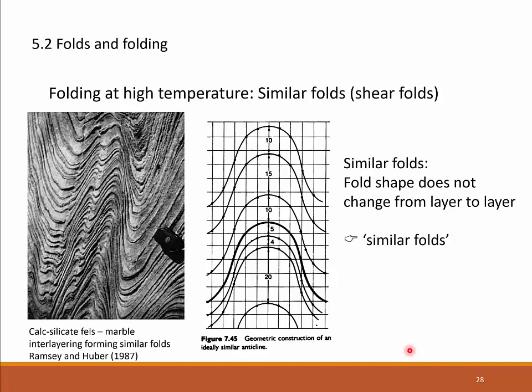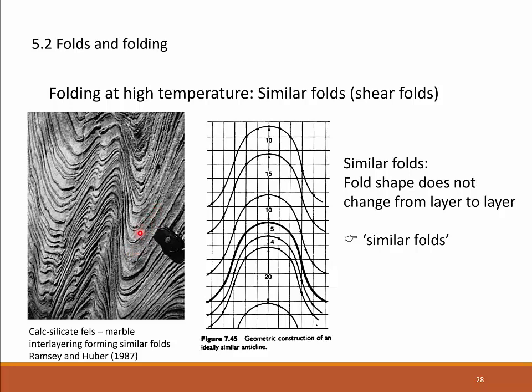Here we see an example of similar folds. We can follow here layers of different thickness. We beautifully see how the layers are thinning out along the limbs and are intensely thickened in the hinges. This particularly applies to these lighter colored layers.